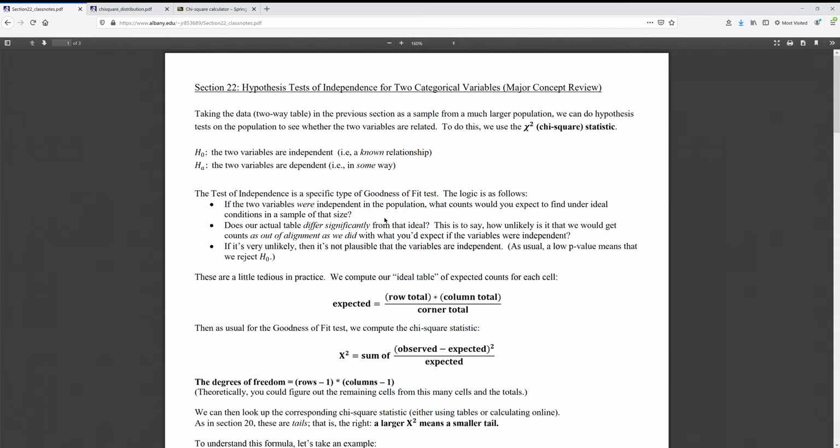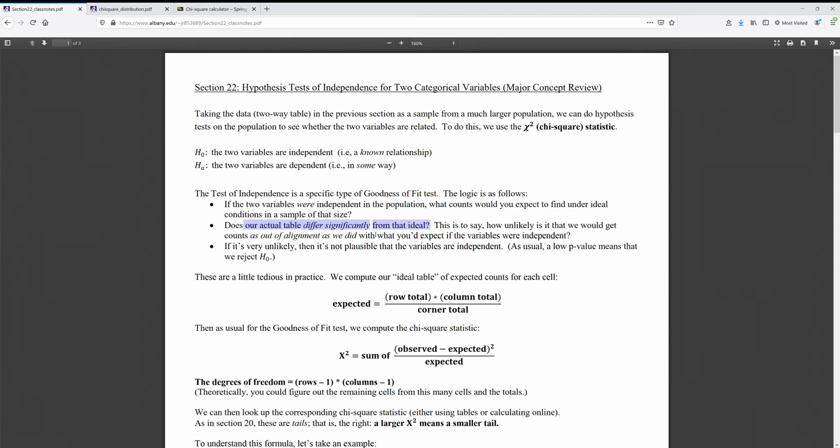So in the end, we're comparing the chart we actually have to that ideal chart that you would expect to have if things were independent and you landed dead center. Does our actual table differ significantly from that table of expected counts that you would get if things were independent?